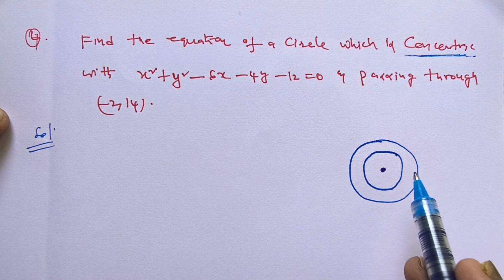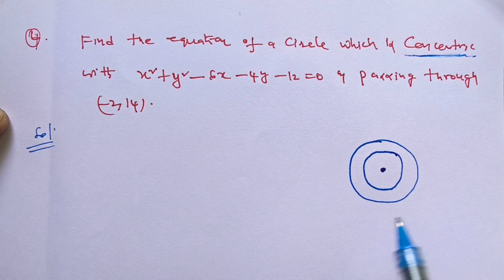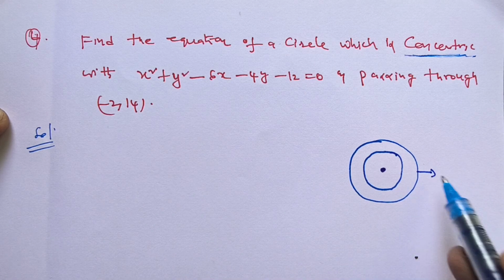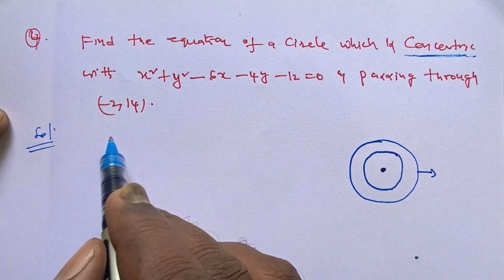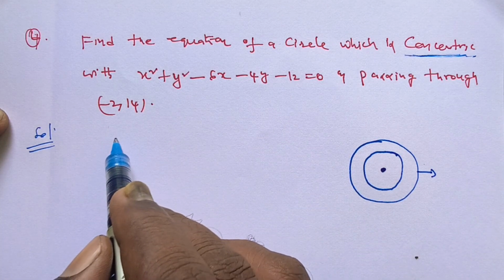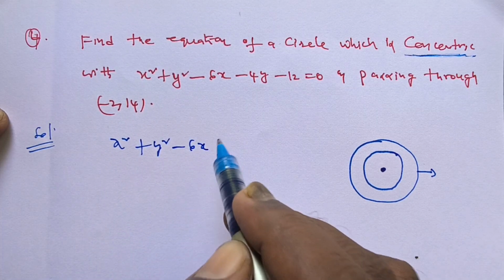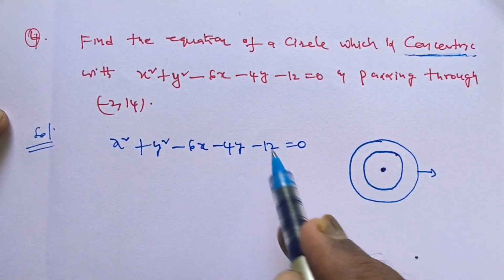Okay, concentric means two or more circles having the same center. So this is the given circle equation: x square plus y square minus 6x minus 4y minus 12 equals to 0.